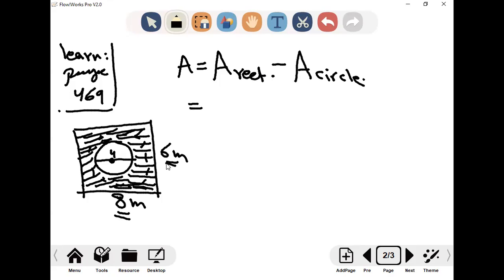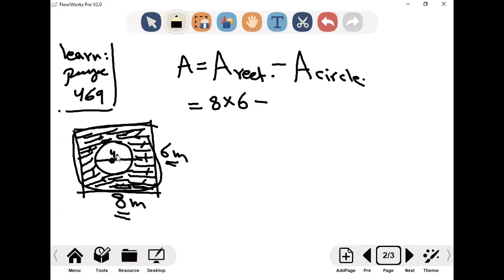Length multiply width, 8 multiply 6, it's 48, right? This 48 is the whole area. Got it? The rectangle with the square inside, all of it. But I will exclude the circle.